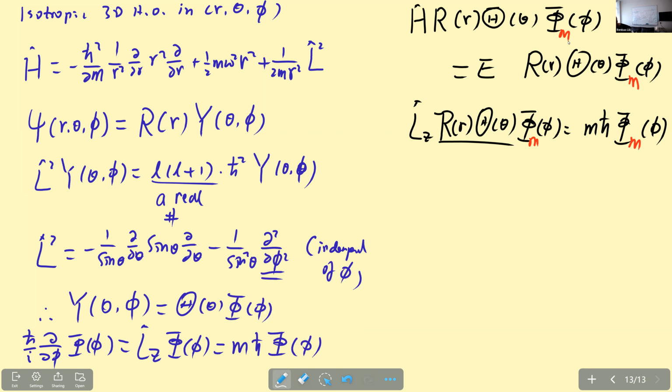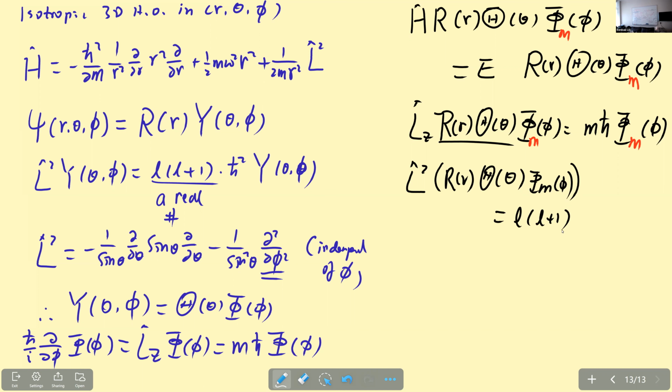And then for L squared, acting on the r, theta and phi part just equals L times L plus 1 times h bar squared, times the r, theta and phi function, and this has an m.